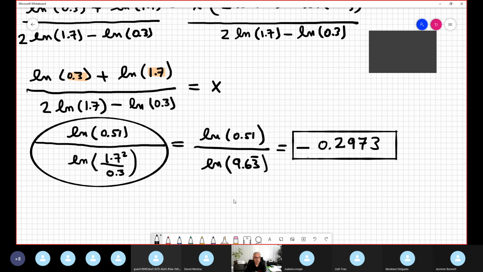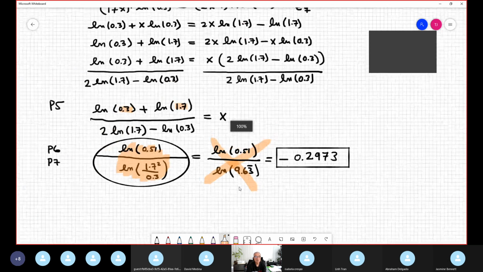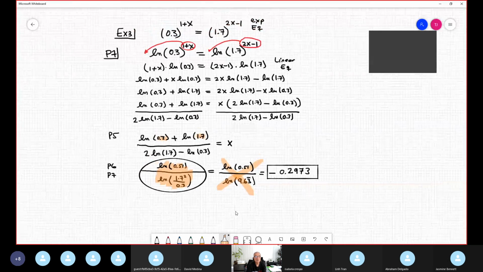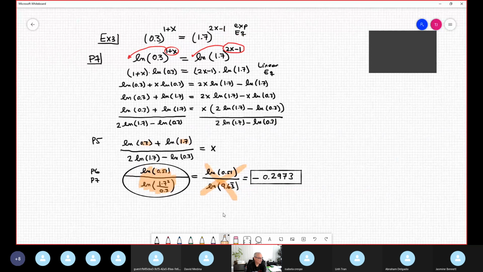I put in the calculator like that, not this. I use this expression to avoid approximation, the 3 repeated. Any question, right? Clear?